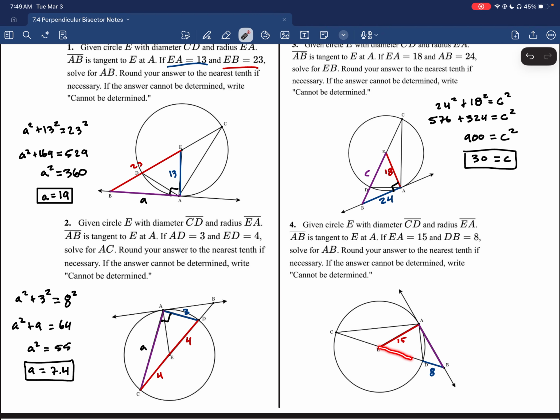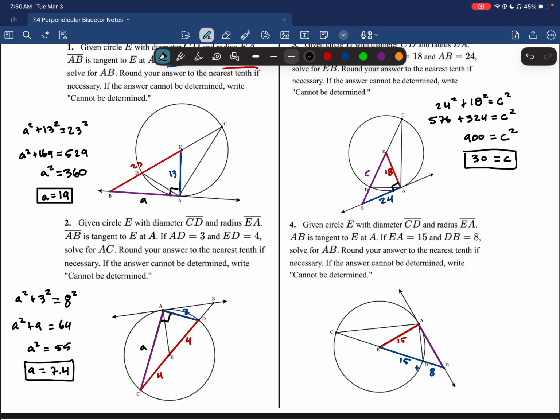I know that this distance right here is 15. So if I add those together, I get my full side length here. I already have this side length, and I'm just needing to solve this. And I also know that because this is a tangent line and my radius, that is a 90 degree angle. So I think that's the way we should solve this one.